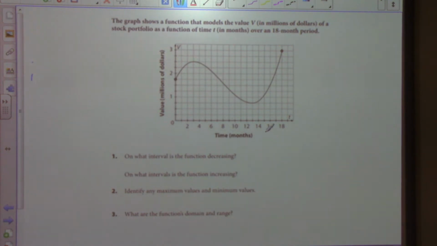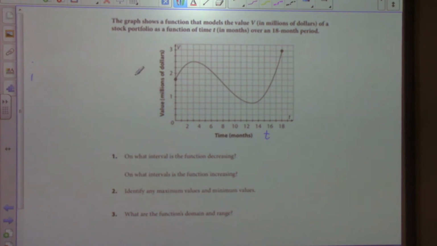So what you're looking at is you have time, months, and here we have t on this x-axis. So we will say t equals the months. And then how would you label the variable on the y-axis here? What would be the function notation? How would you do that?